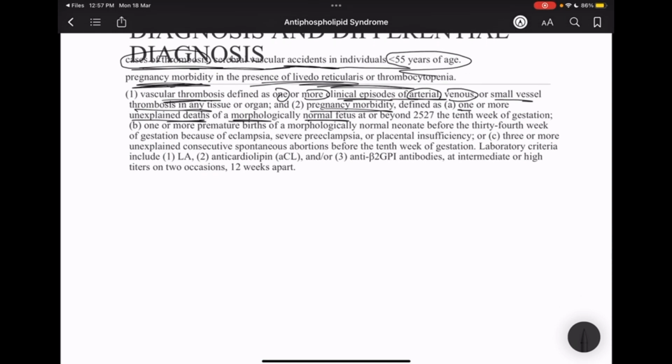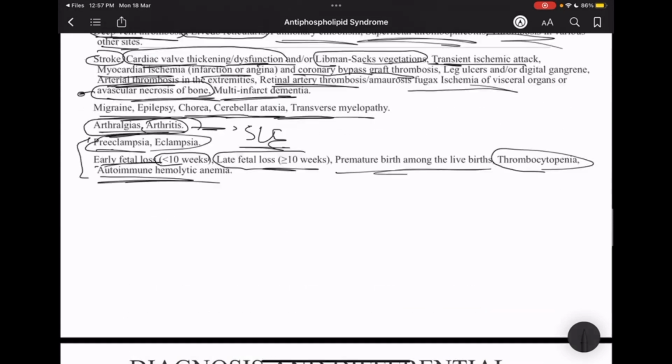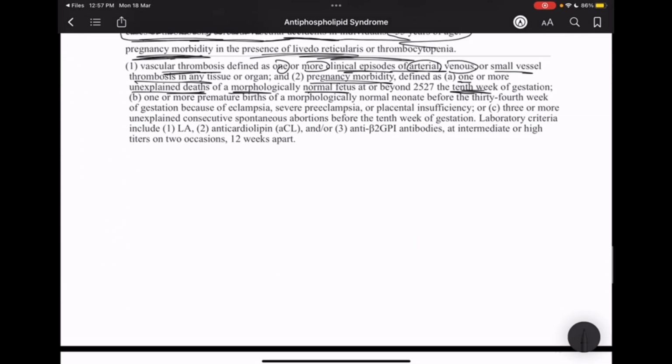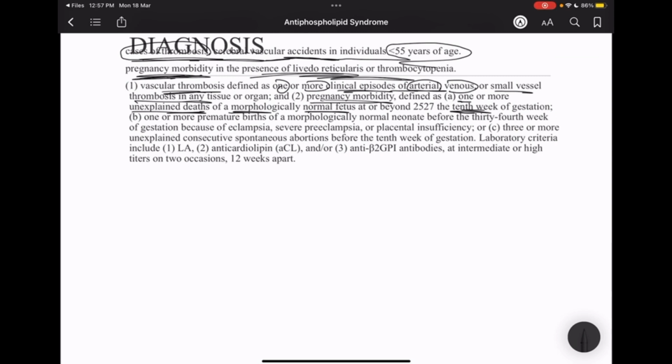It can be before 10 weeks or after 10 weeks. Or we can have one or more premature births of a morphologically normal neonate before 34 weeks of gestation.